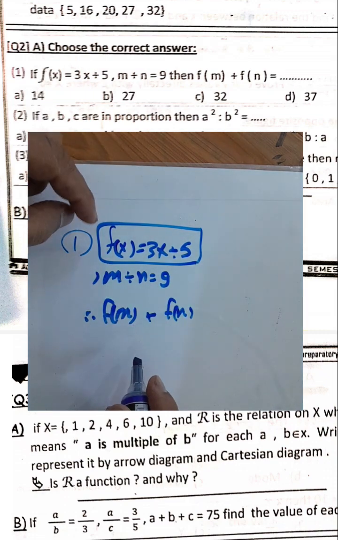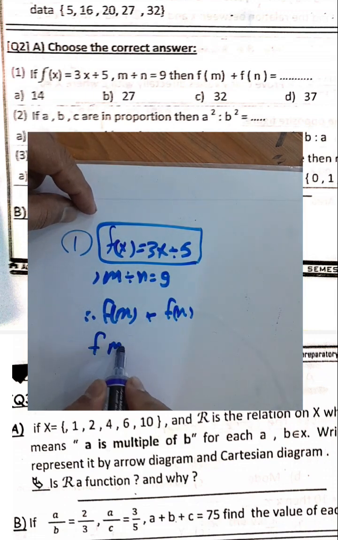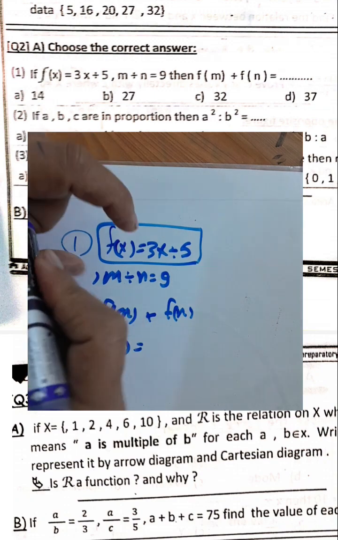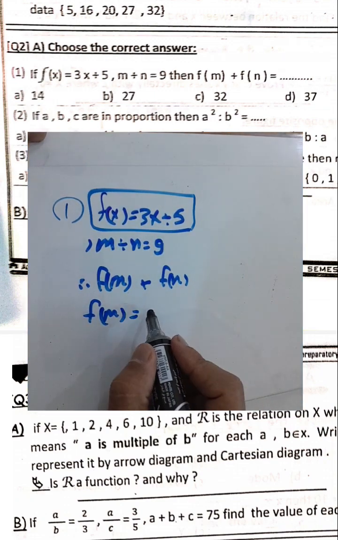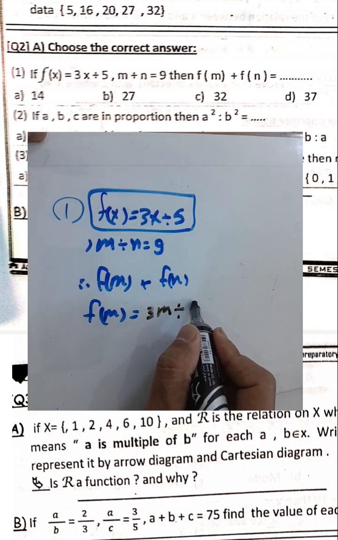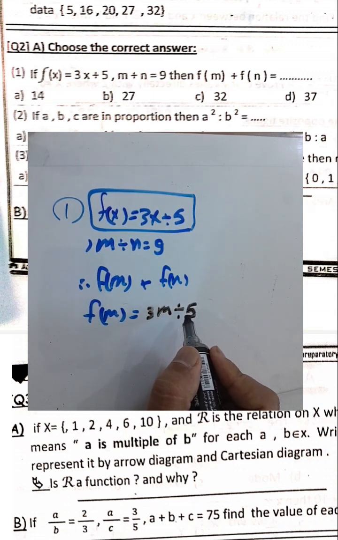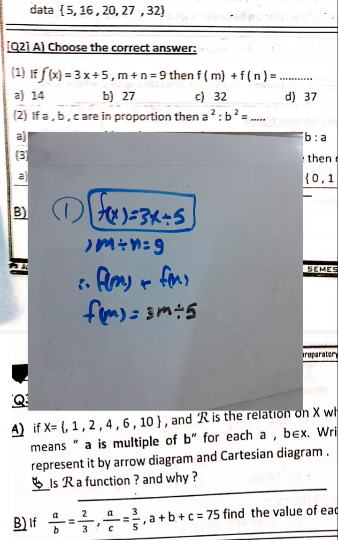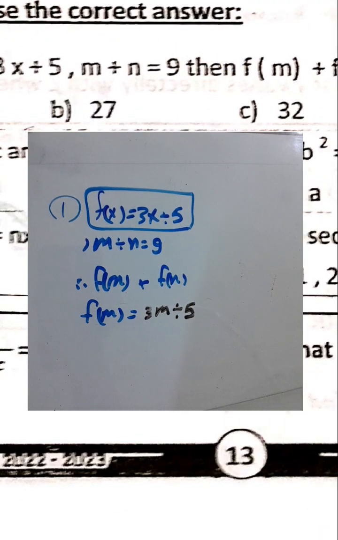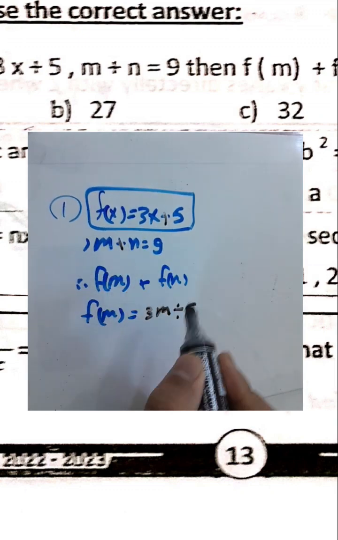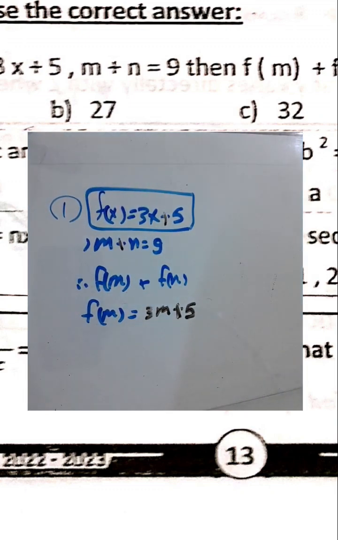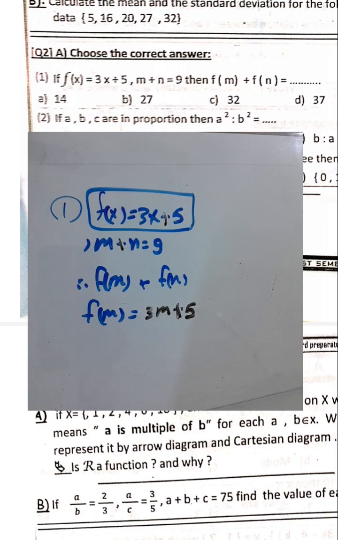We have f of m from this relation, where x equals m, then f of m will be 3m divided by 5, plus. Understood?